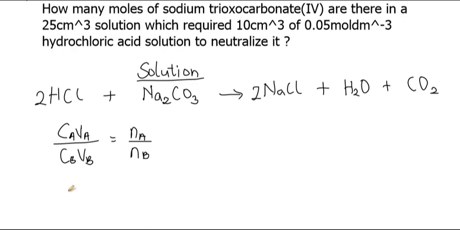So let's start. The first data we have here is Ca, the concentration of acid. So from the question, Ca is given to be 0.05 mole per dm cube.